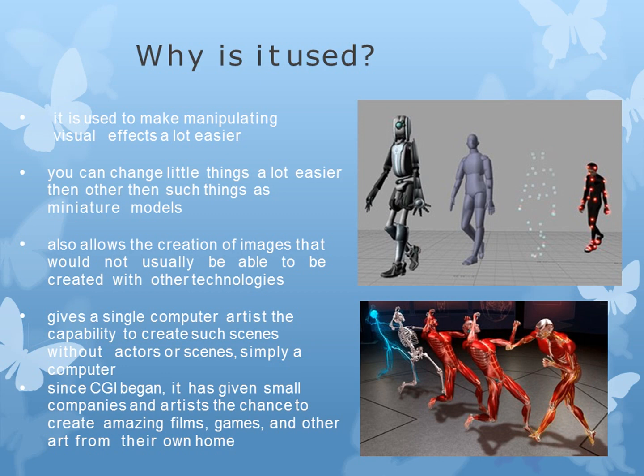Computer graphics gives a single artist the capability to create such scenes without actors or sets, simply with a computer. Since CGI began, it has given small companies and artists the chance to create amazing films, games and other art of their own.